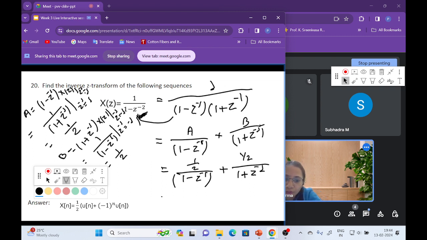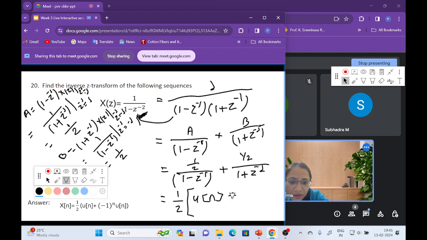If you take 1 by 2 outside, because it is common in both, it will be 1 divided by 1 minus z inverse. What is the inverse Z transform of this? Which sequence has this Z transform? It is the sequence u of n.